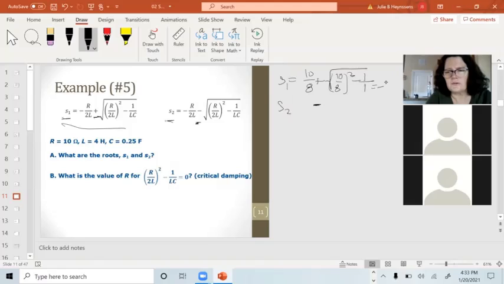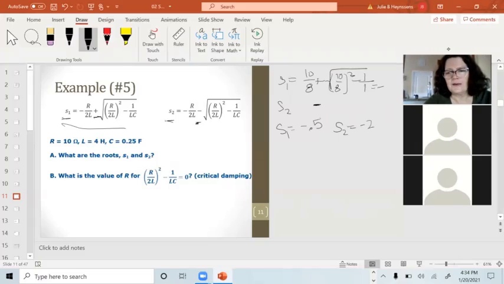I'm getting too close to the Zoom screen. Okay, we'll just write it down here. S1 equals negative 0.5. It has units. We won't talk about the units yet. The units are kind of silly. S2 is negative 2.